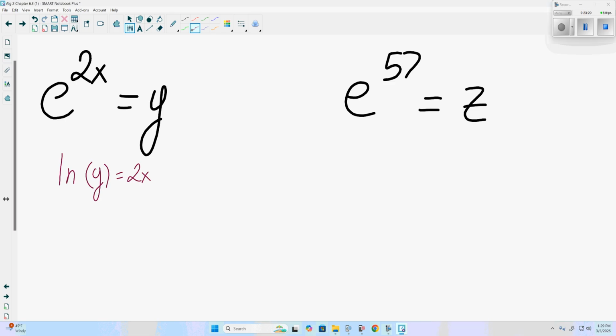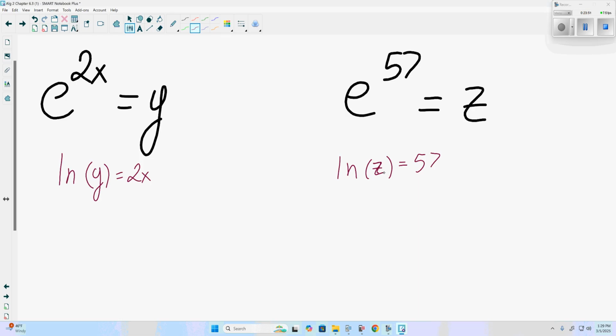Let's look at the next one. e to the 57 equals z. Natural log of z. The natural log of z equals 57, because the base e is understood, so we don't have to write it. Same with the base 10, log base 10. Questions on these here?